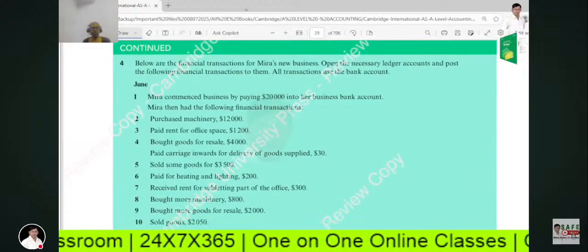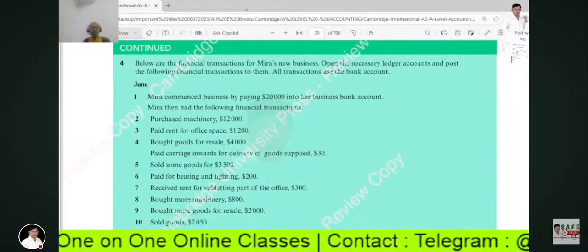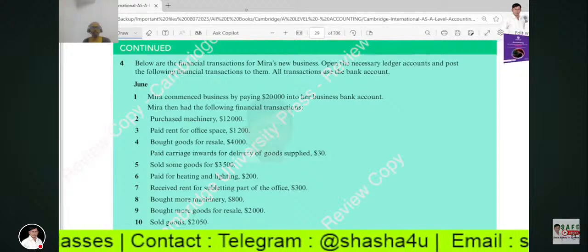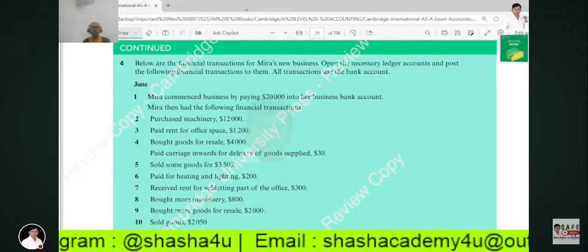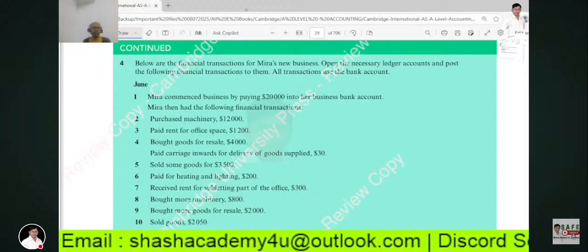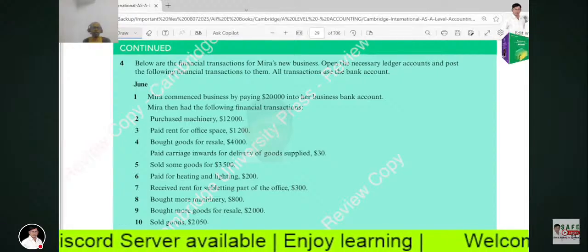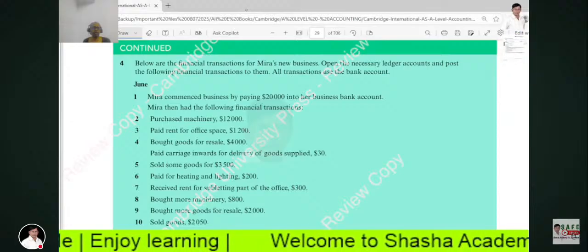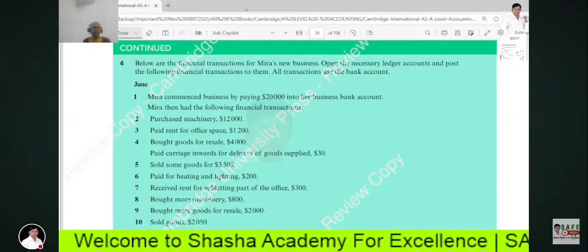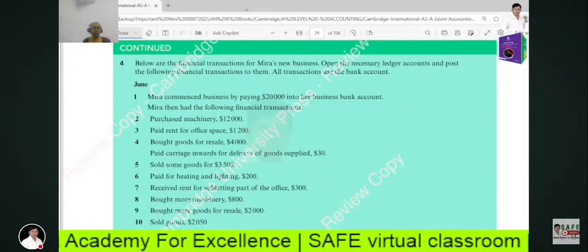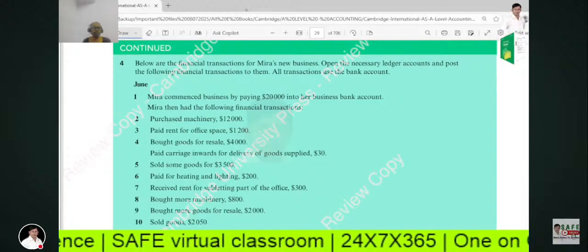Below are the financial transactions of the ledger accounts. Purchase machinery, paid for goods, paid carriage on goods, sold goods.